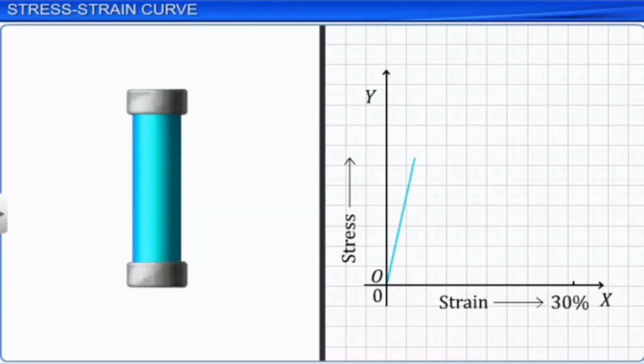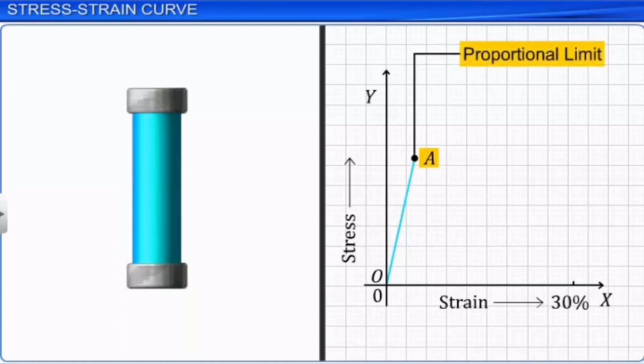Point A is called the proportional limit. As the strain increases further, the graph no longer remains a straight line. However, in the region of the graph between points O and B, if the load is removed at any point, the body completely regains its original length.